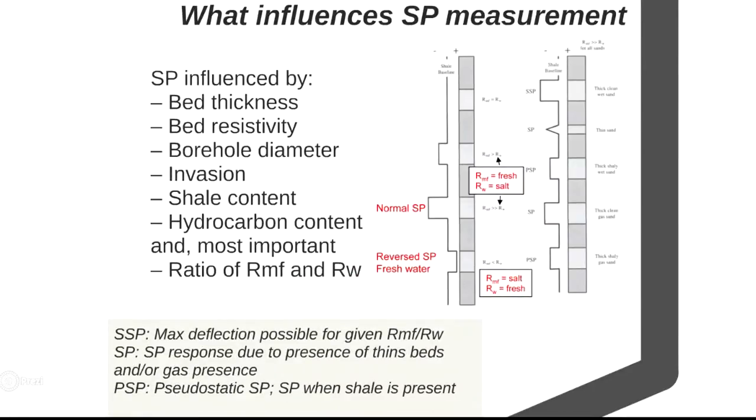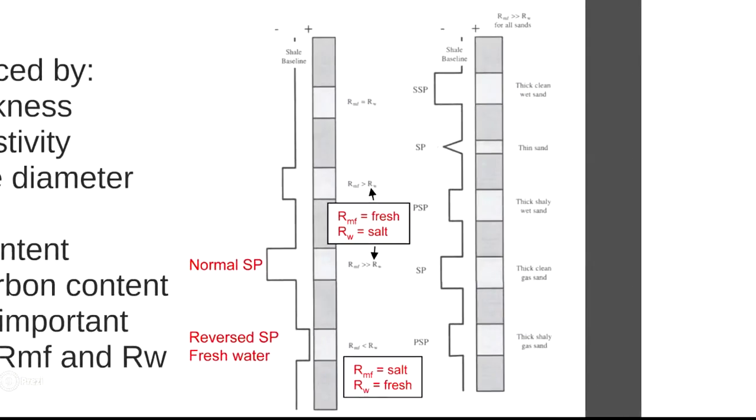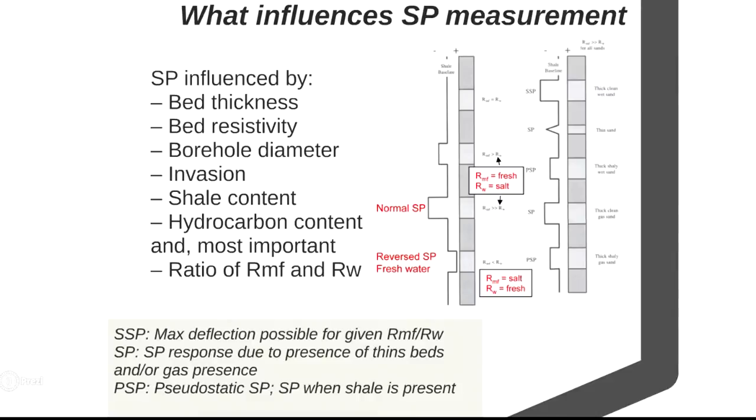SP is influenced by bed thickness, bed resistivity, borehole diameter, invasion, shale content, hydrocarbon content, and most important, the ratio of RMF and RW. In this part of our presentation, we want you to know the terms of the SP. First is SSP, the maximum deflection possible for a given RMF or RW. Second, the SP response due to the presence of shale beds or gas presence. PSP is the pseudostatic SP when shale is present.